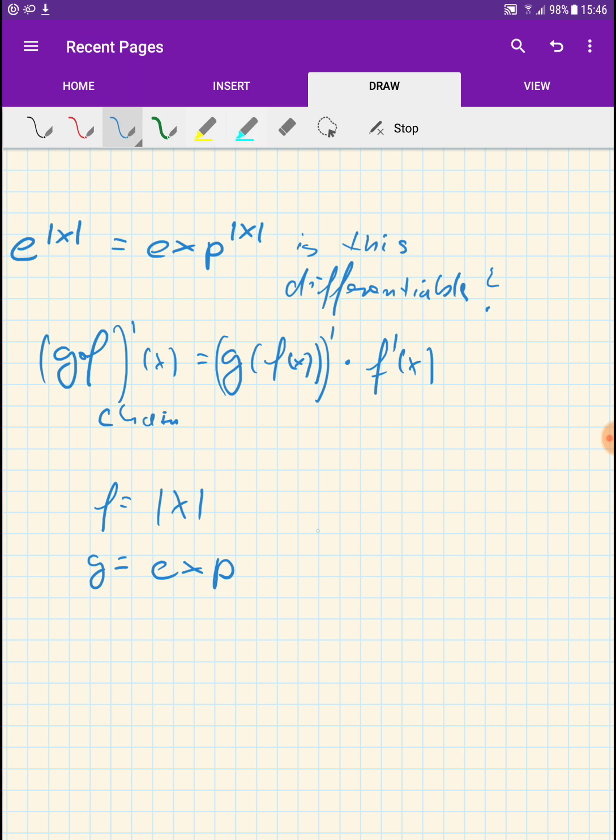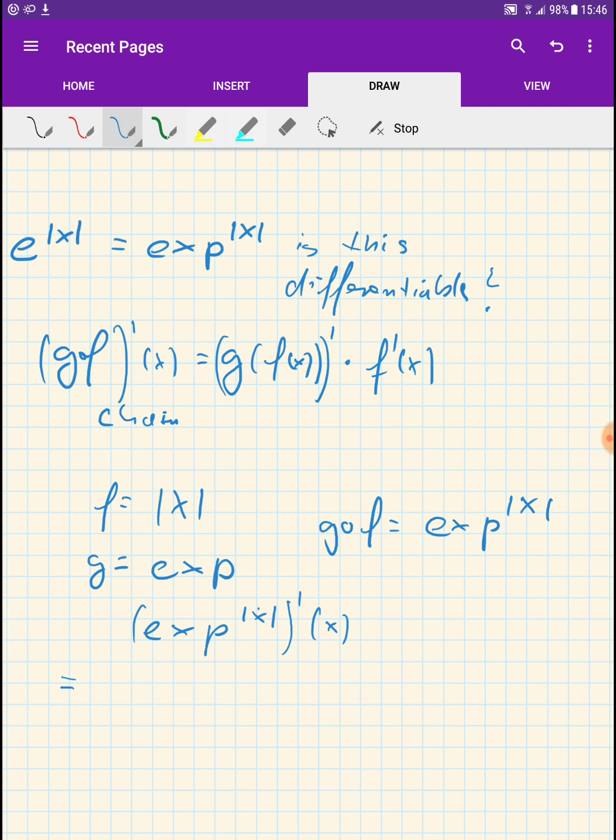And then g after f is precisely what we started with: the exponential of the absolute value of x. And now we want to calculate the derivative of the exponential of the absolute value at a point x.